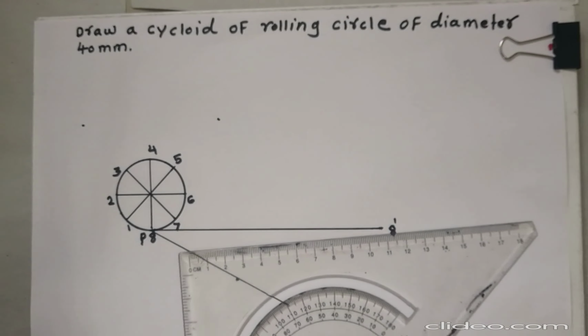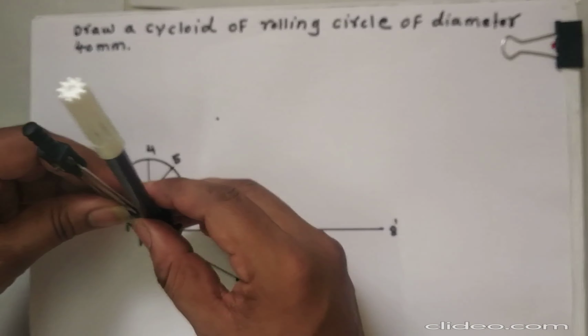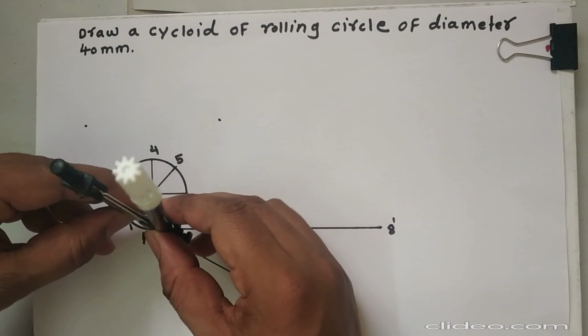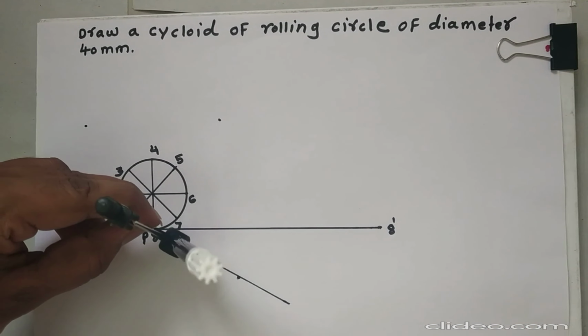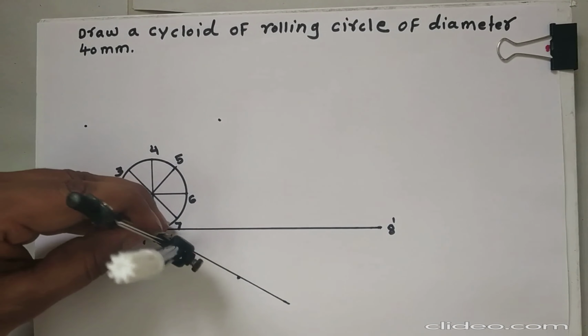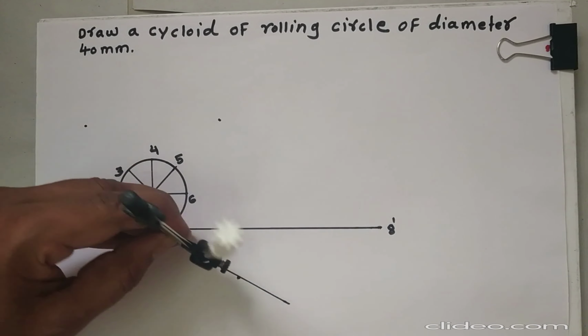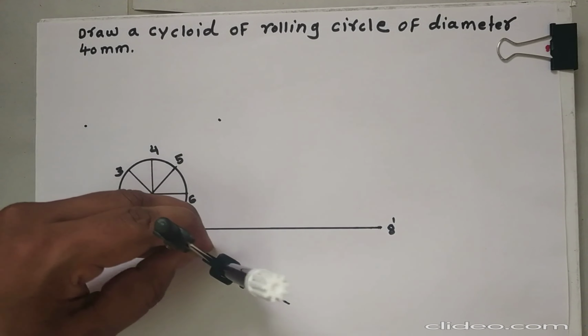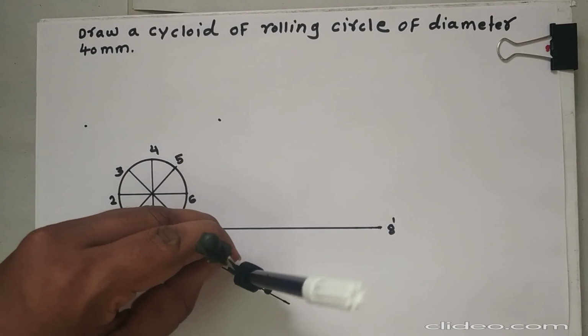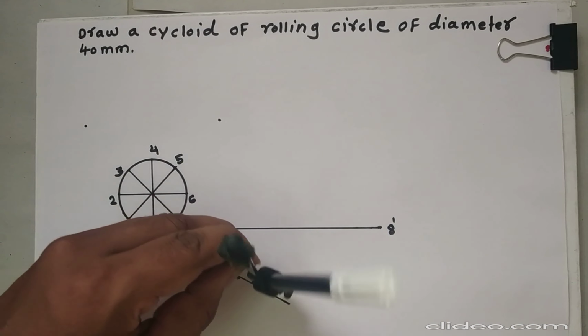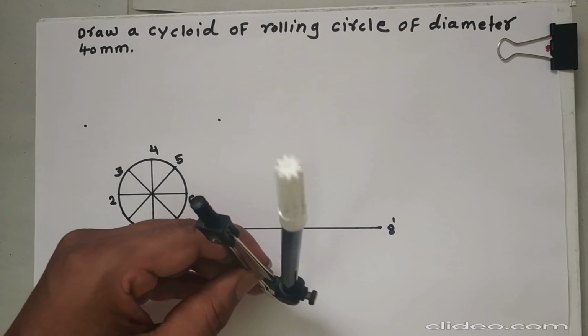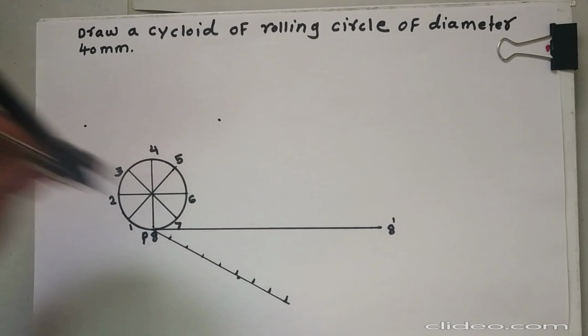Next, taking P or 8 as a reference point, cut the arc: first point, second point, third point, fourth point, fifth point, sixth point, seventh point, and the last one, the 8th point.